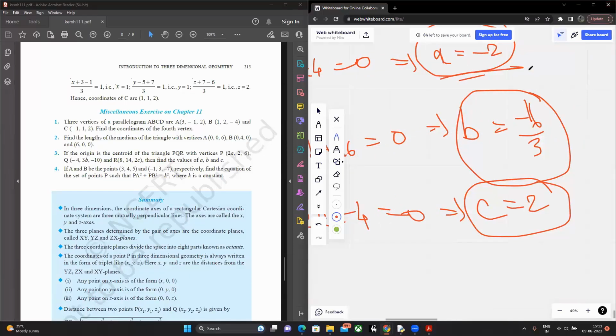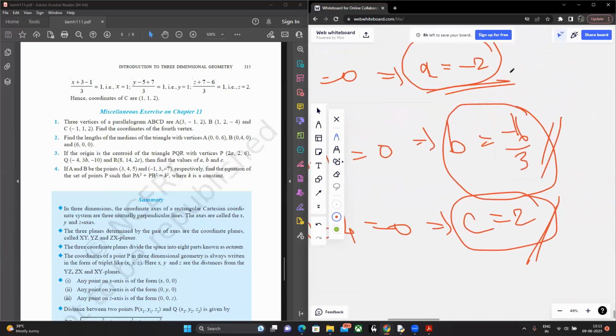Therefore, you have found the values of a, b, and c, and that's what's asked. a is -2, b is -16/3, and c is 2.